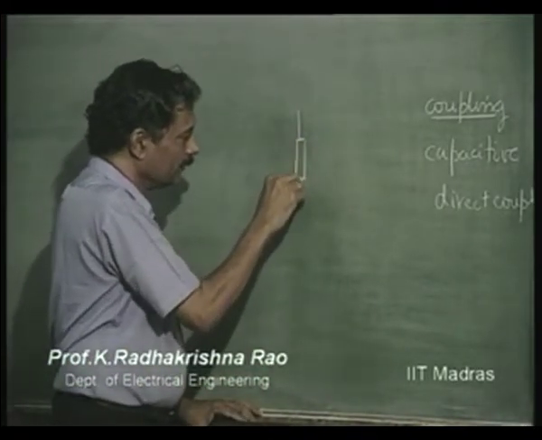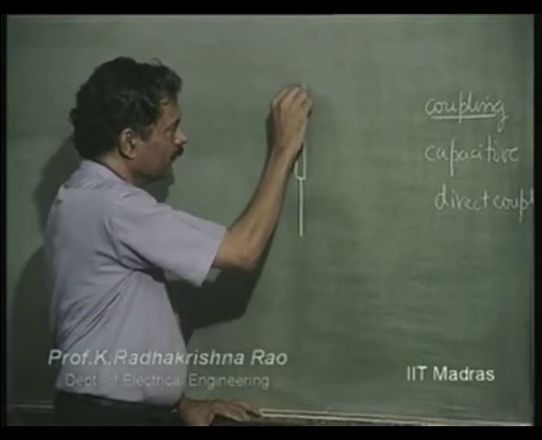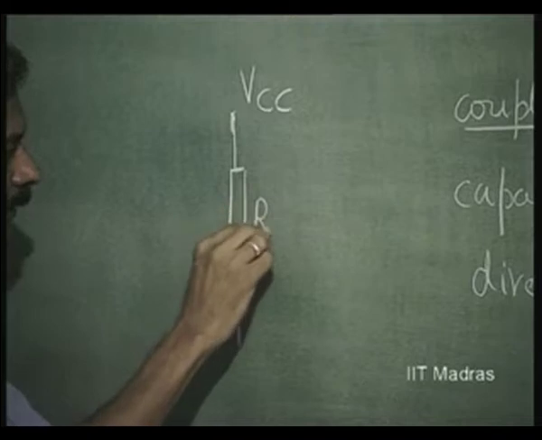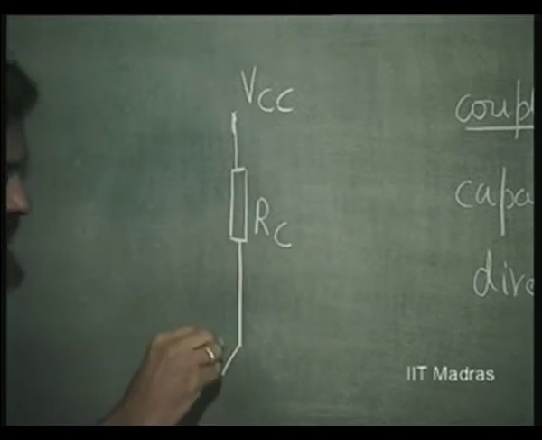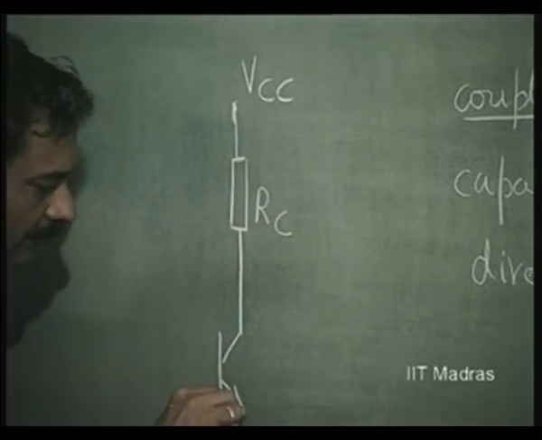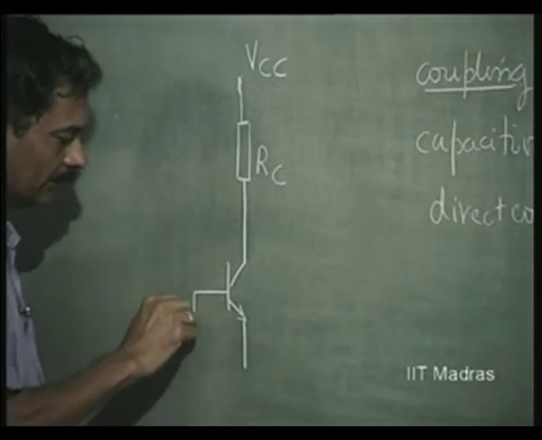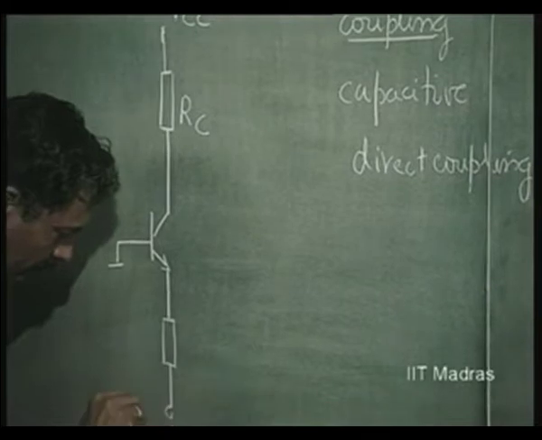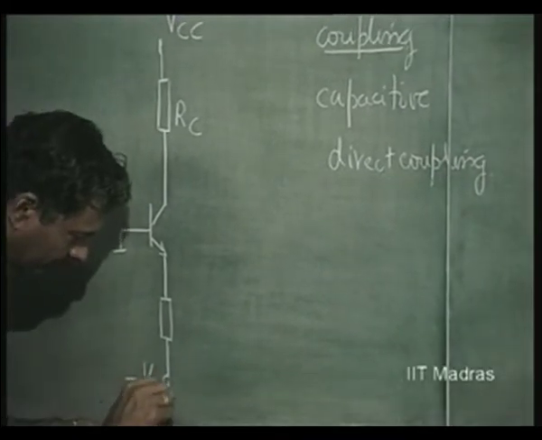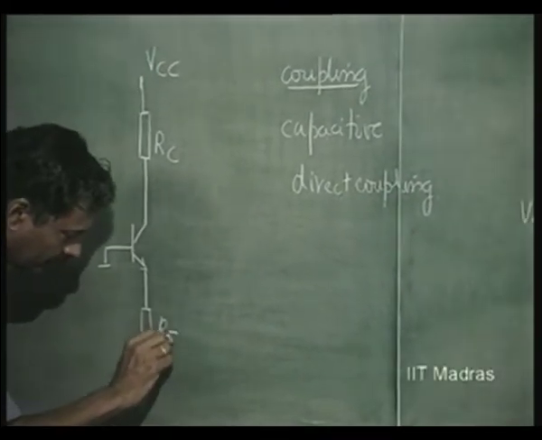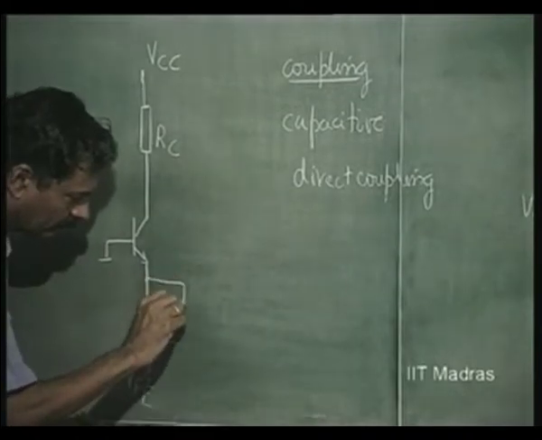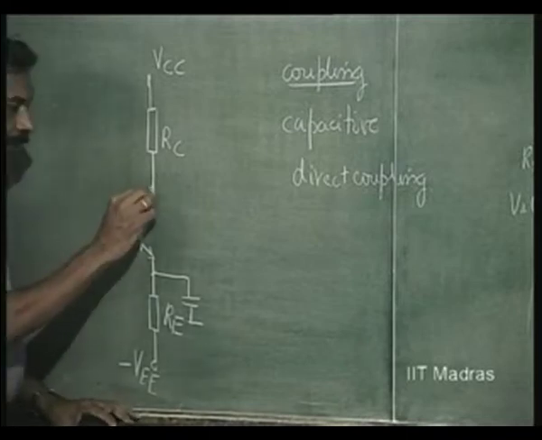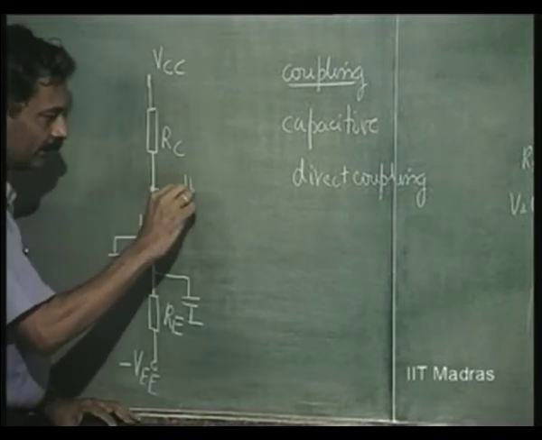This is the first stage. Let us say it is VCC, RC. I am taking a bipolar stage. I have bypassed this, right. Now, I can couple this on to another stage.